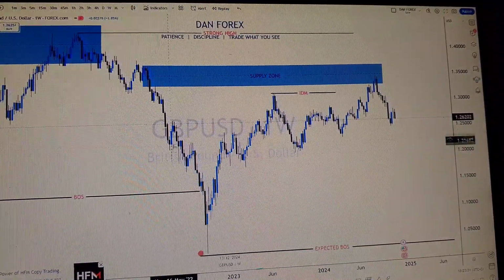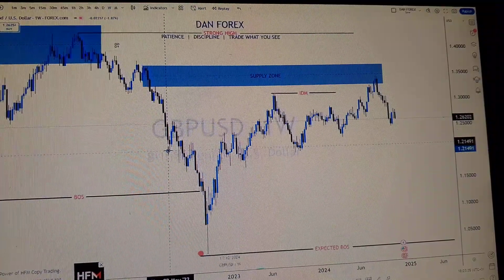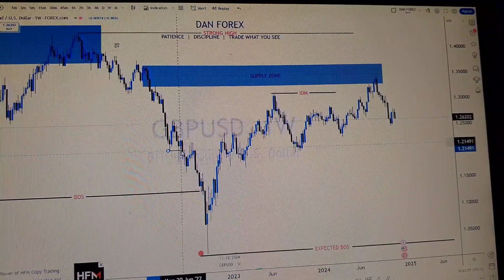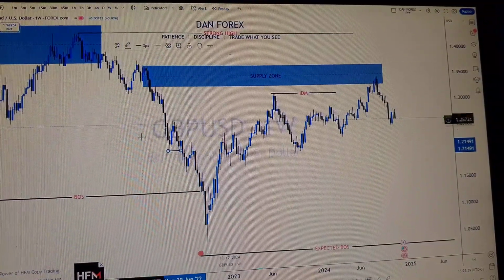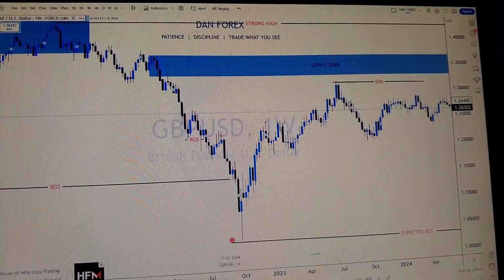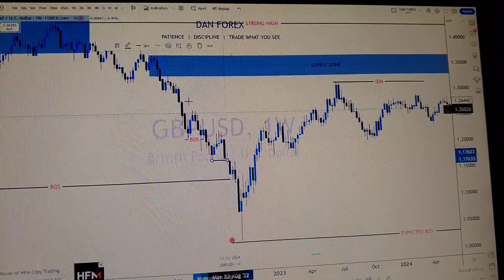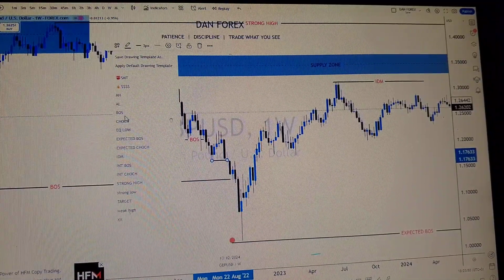So we had this breakout structure here, right? So we had that breakout structure, and again we had this breakout structure here on the weekly time frame.